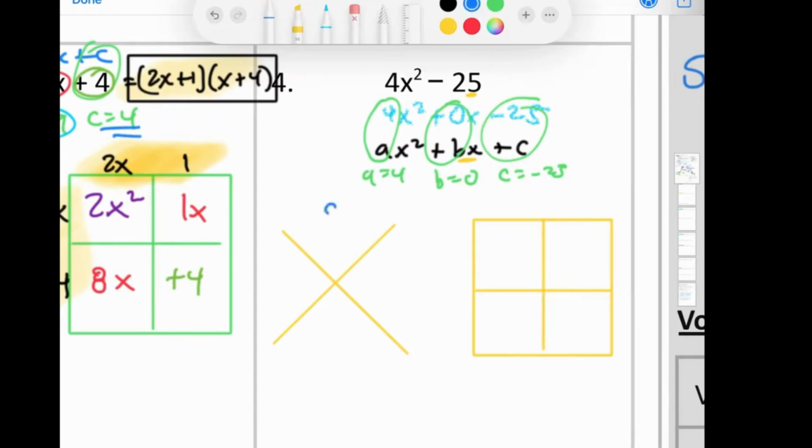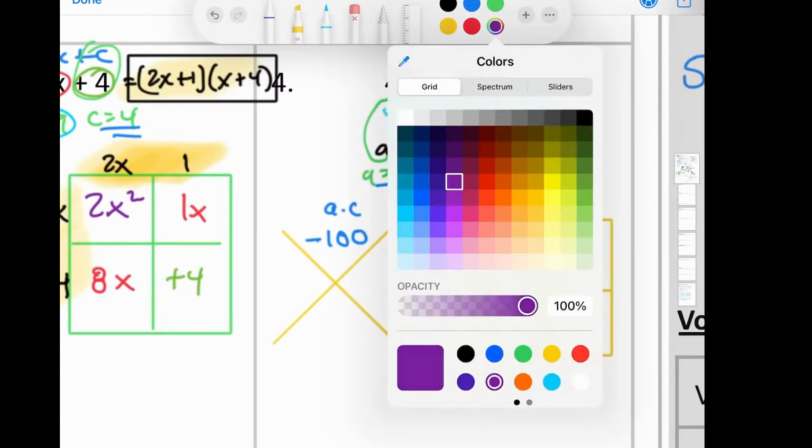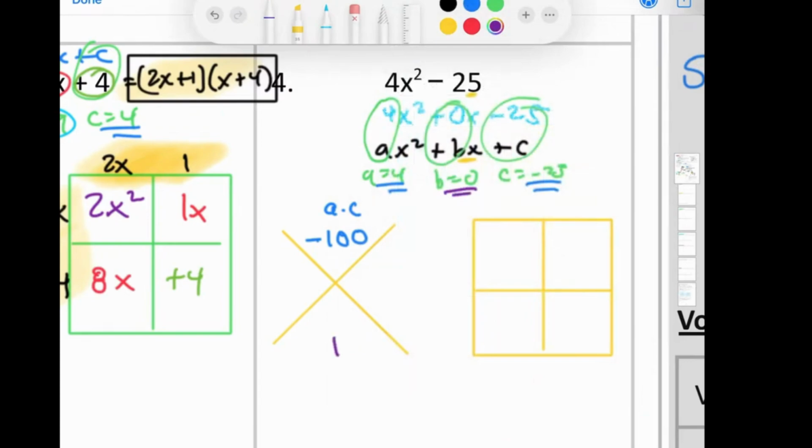Okay, a times c, so 4 times negative 25 is negative 100. My b value, we'll always go down here, is 0. Okay, two numbers that multiplied would be 100 or negative 100. So you can put up the factors up here.